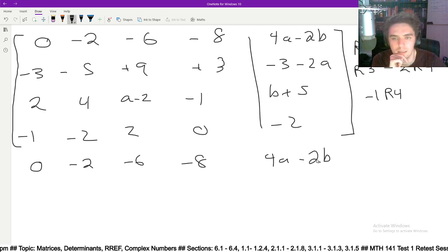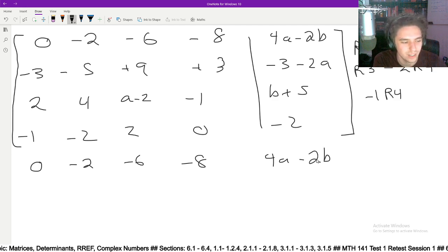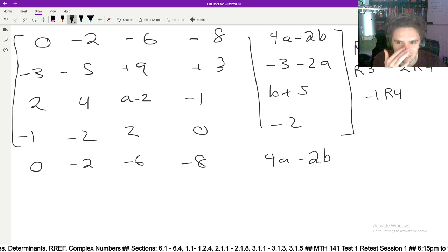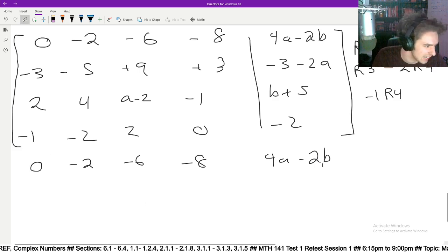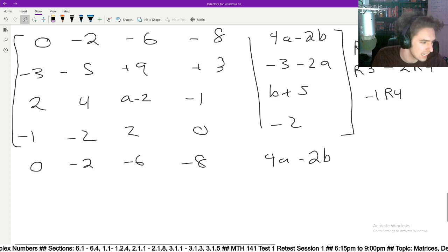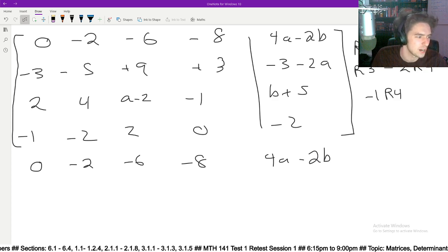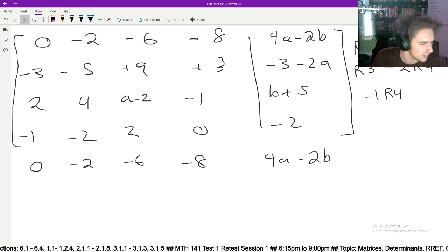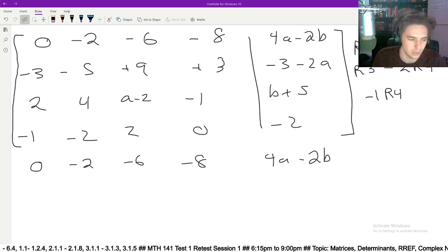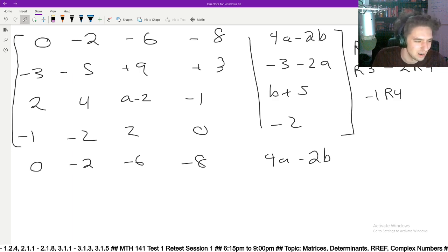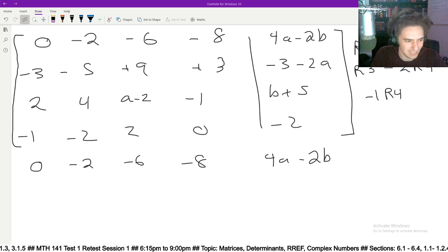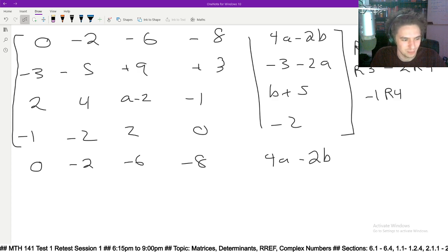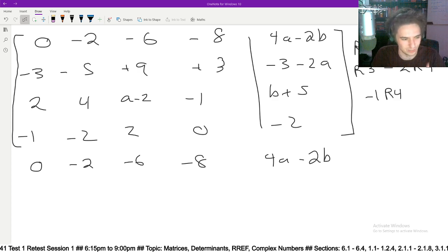Hopefully someone can also be paying attention to my math, because if I make a mistake... On this test, I'm certain I made a mistake, because at the end I ended up with an insane expression for a and b: b plus 1 plus 4a squared minus ab minus 2b plus 5a minus 6, all over 6 equals 0.